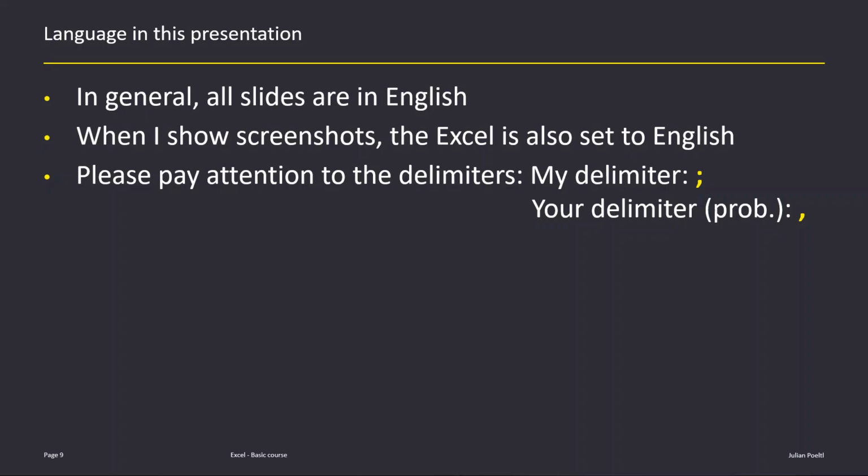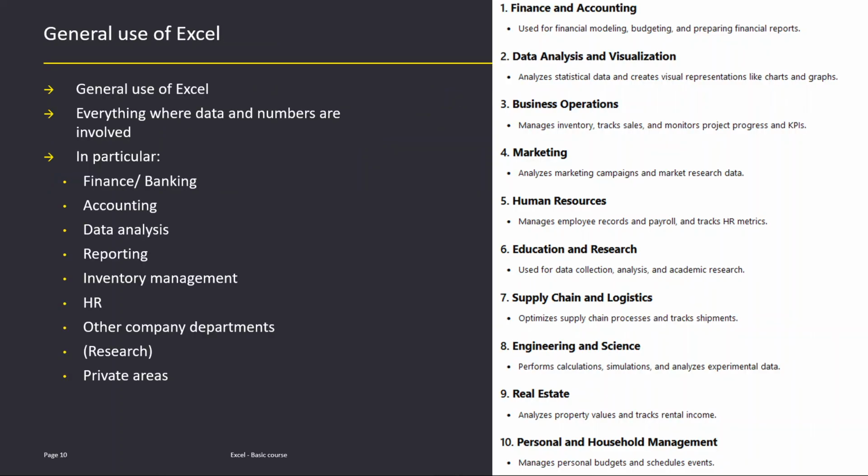But I have a different delimiter because my number format is potentially different, and therefore I have a semicolon as a delimiter. Your delimiter, if you live in the UK or the US, will probably be a comma. So please be careful that your delimiter is different, but I assume that you're intelligent enough to take a look at this and that you will be okay with this.